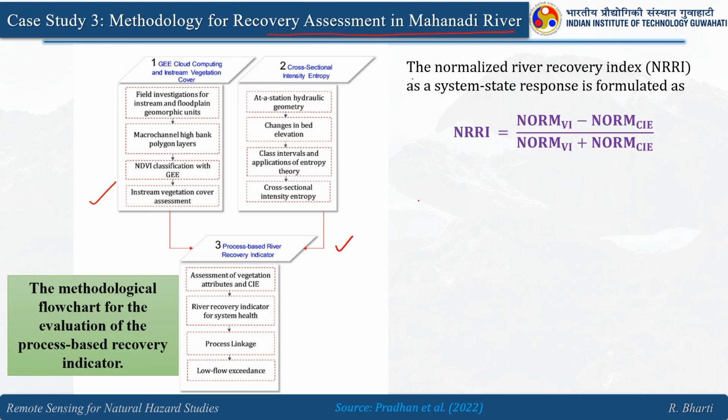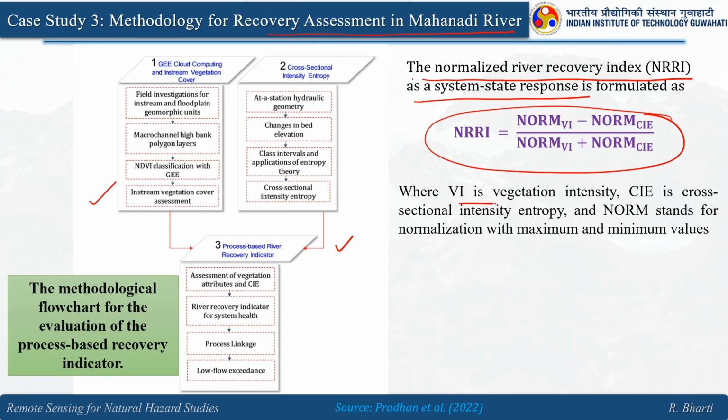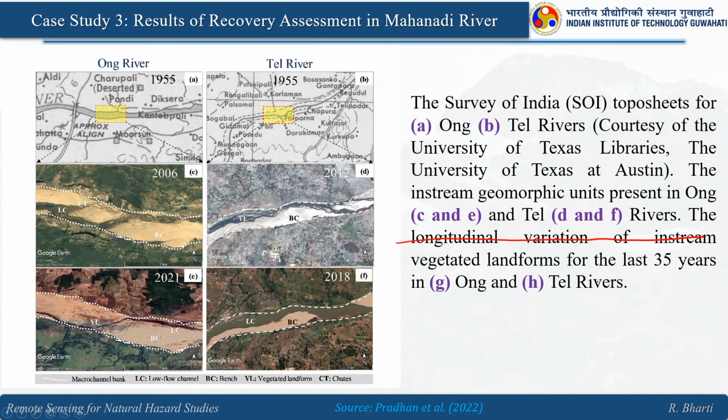So, with this we have the normalized river recovery index, NRRI, as a system state response, and it can be formulated as this. So, where Vi is the vegetation intensity, CIE is the cross sectional intensity entropy, and the norm stands for normalization with maximum and minimum values, right.